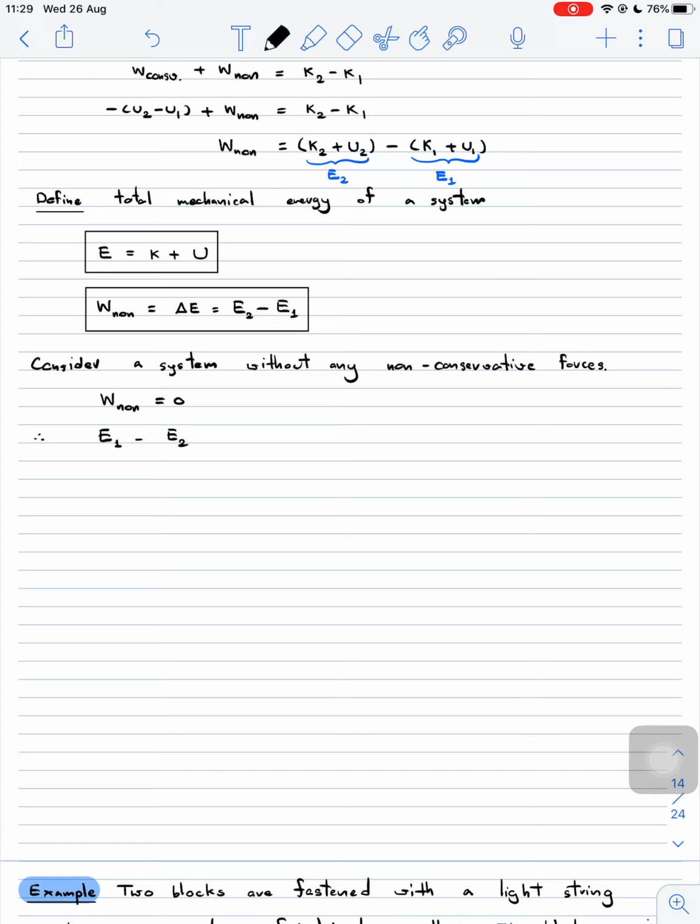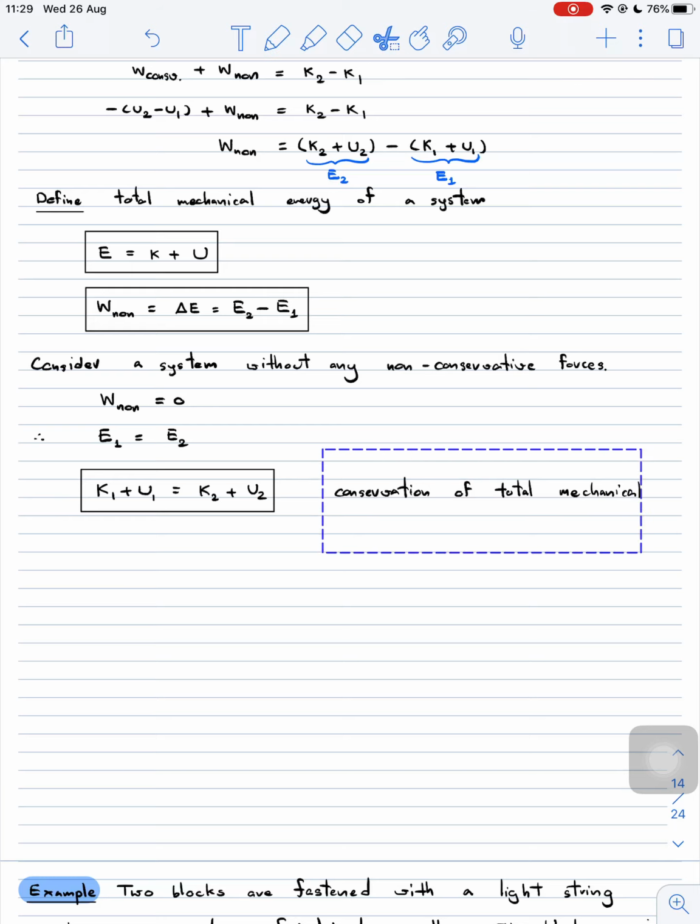On the other hand, we can say that K1 plus U1 is equal to K2 plus U2. Okay, so this is called the conservation of the total mechanical energy, or just simply the conservation of energy.